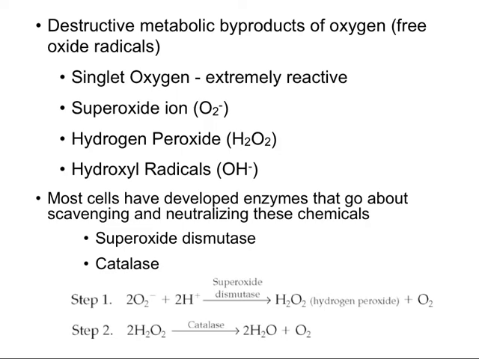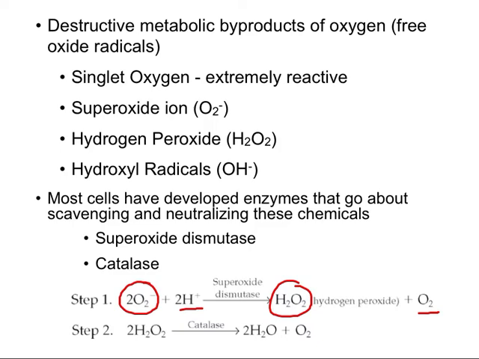The most common system in aerobic microbes is the superoxide dismutase and catalase system. You can see here that we're taking these two superoxide ions, simply combining them with hydrogen using the enzyme superoxide dismutase, and that results in the production of hydrogen peroxide and oxygen.